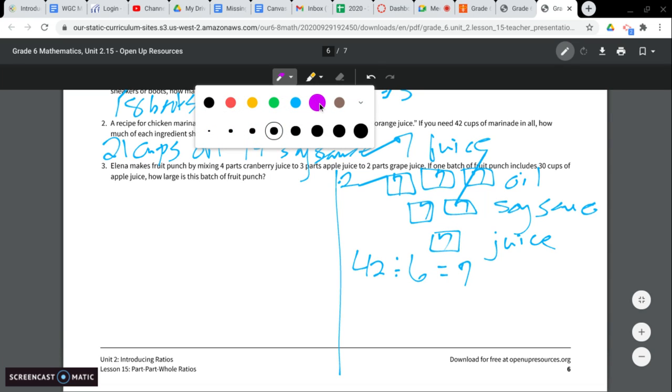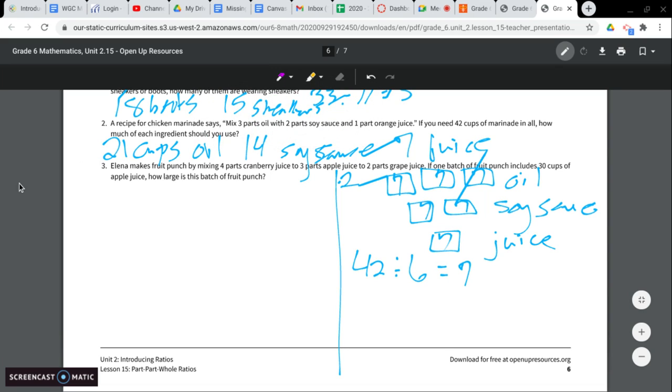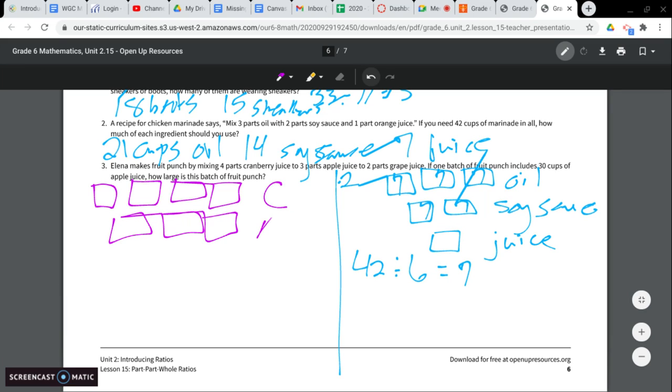So for this one, we have our cranberry. Our cranberry is 4. This is cranberry. Our apple is 3. And our grape is 2.